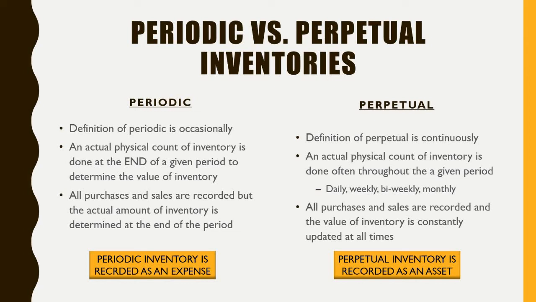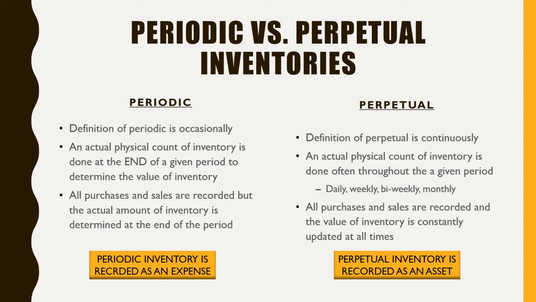It's going to have that assumption where it won't record that. But in this case, when you actually do take a physical count, it should be more accurate because you're constantly updating the inventory based on purchases and sales.